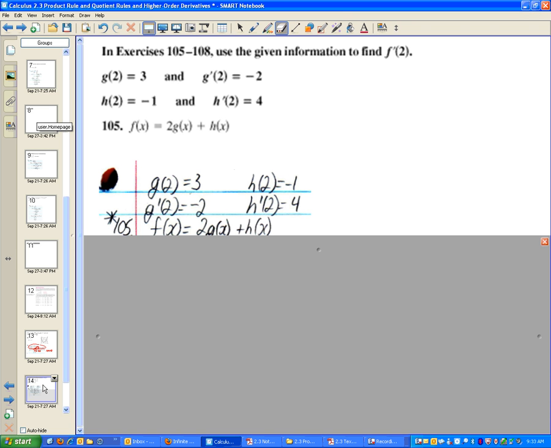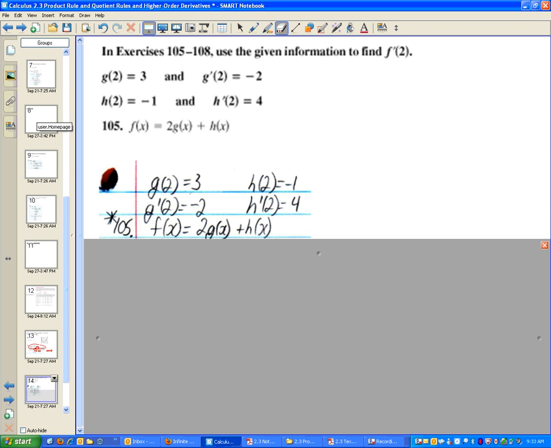And then they do give us a lot of information. G of 2 equals 3, and g prime of 2 equals negative 2. H of 2 equals negative 1, and h prime of 2 equals 4. And f of x equals 2 times g of x plus h of x.